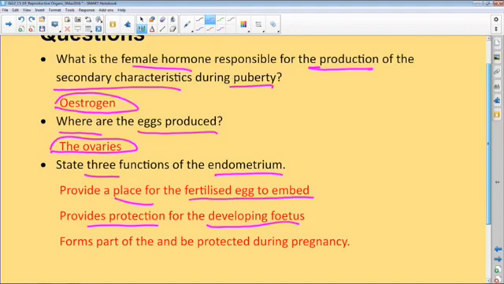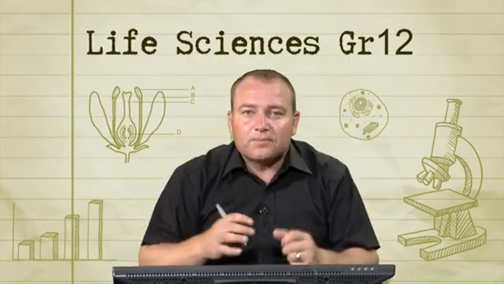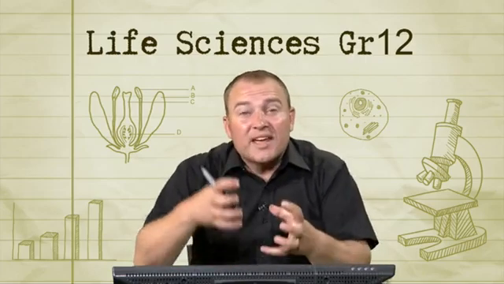And the last one forms part of the protection during pregnancy, and it gives the fetus stability, something to hold on to. All of those things together is what happens to the egg when it's embedded in.